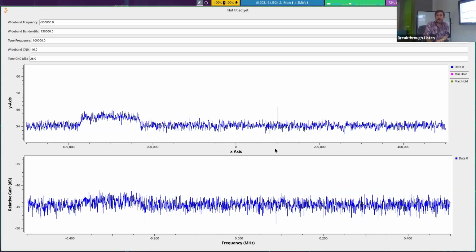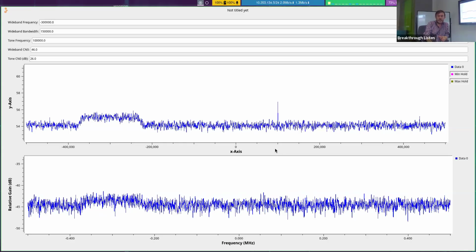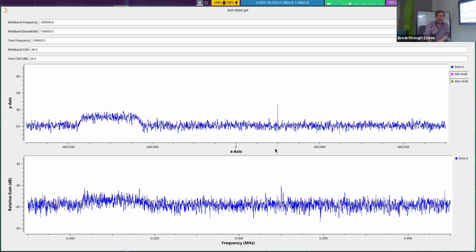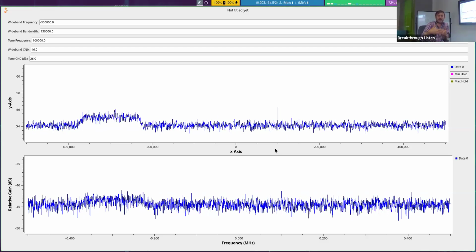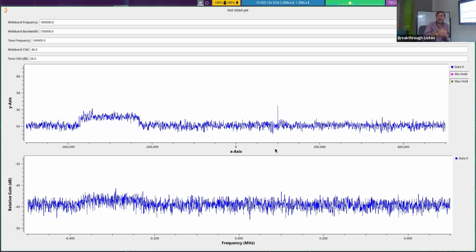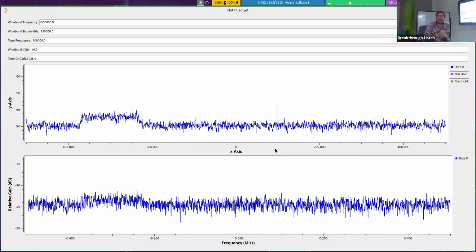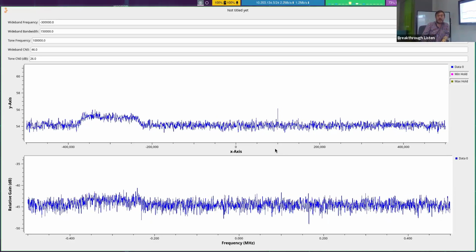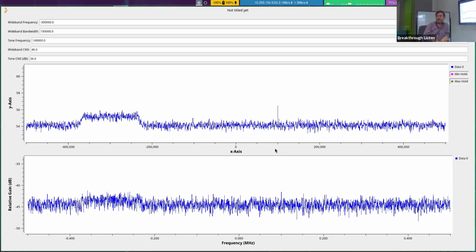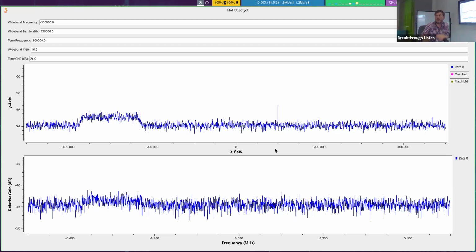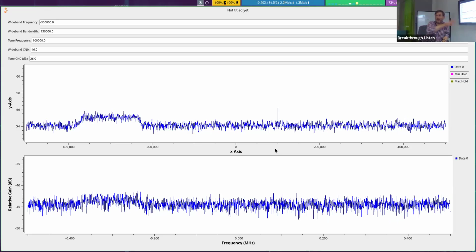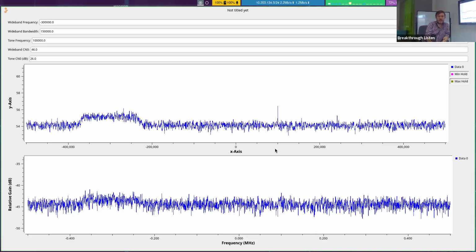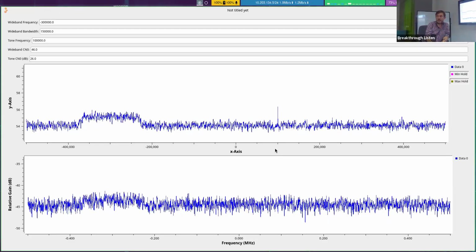So these choices of how long you want your FFT to be and how long you want your integrations to be, and what that gives you in terms of your ability to detect a Doppler drifting signal, one that's changing with some rate of frequency per time bin, is very sensitive. That's in part why we have these different data products: it's the same underlying data, but for different applications you might want different combinations of time and frequency resolution, if that makes sense.